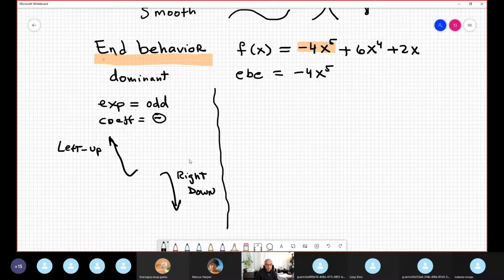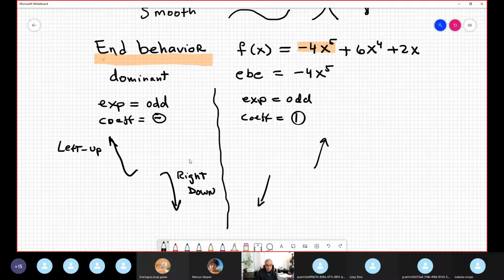See, the exponent is also odd, but the coefficient is positive. Well, it's completely opposite. It's like that. It's right up and left down.